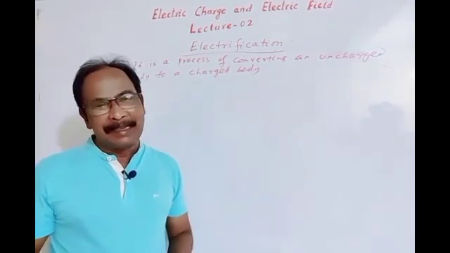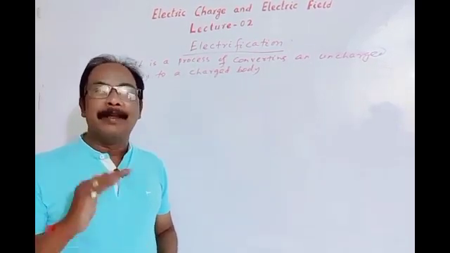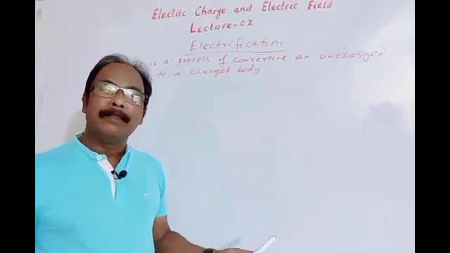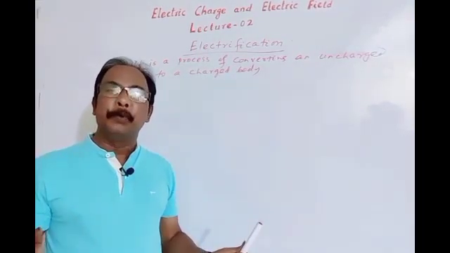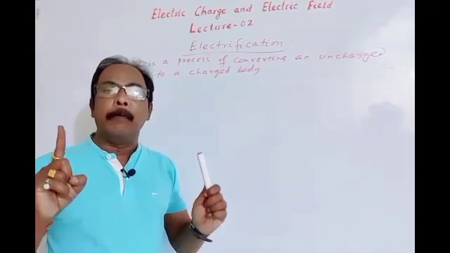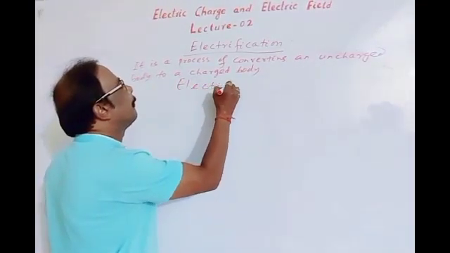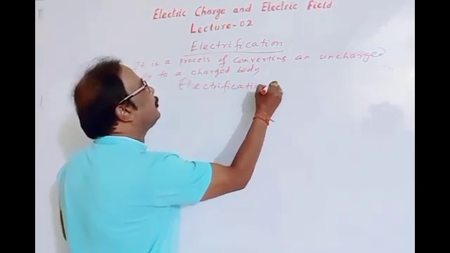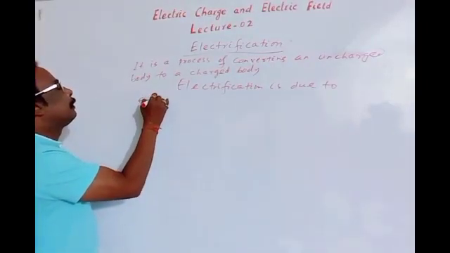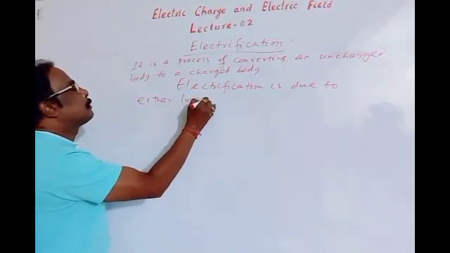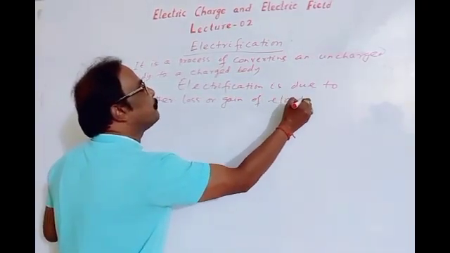So overall we may say, if a body loses electrons, the body becomes positively charged, and if a body gains electrons, it becomes negatively charged. So electrification is due to either loss or gain of electrons by a body.